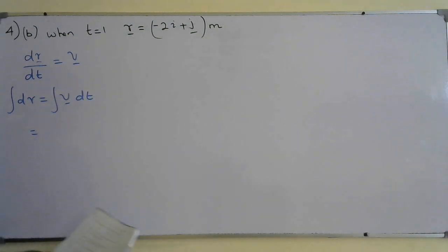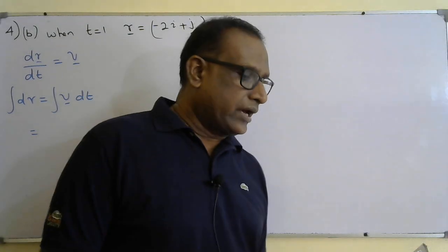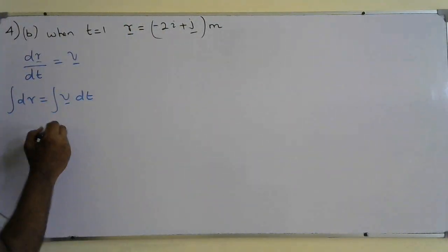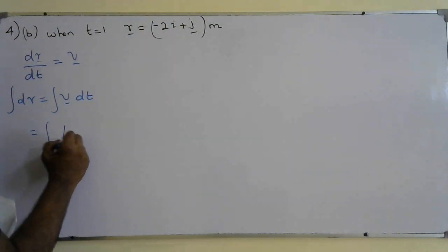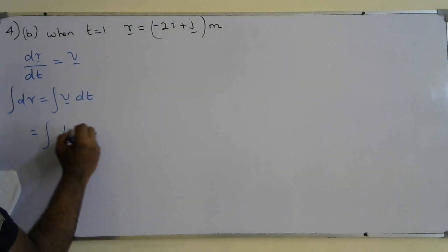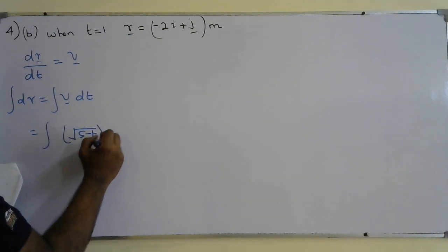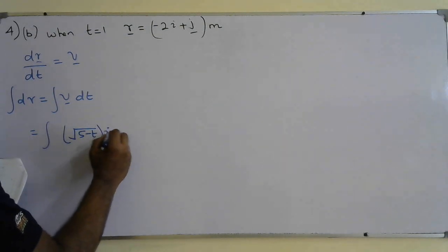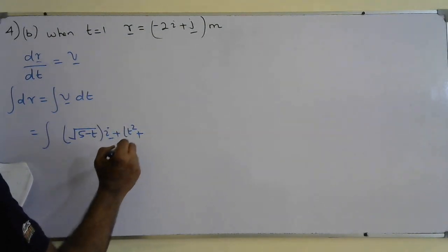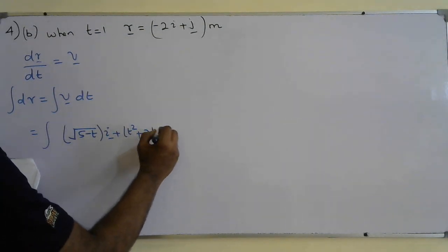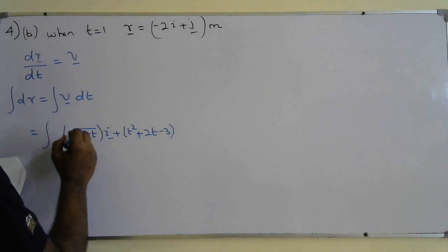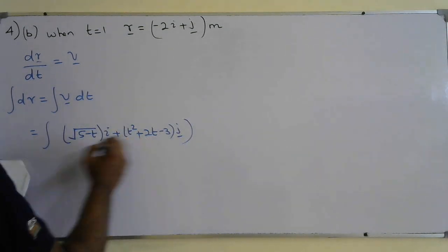The velocity vector is given already: the integral of square root of 5 minus t i plus t squared plus 2t minus 3 j dt.